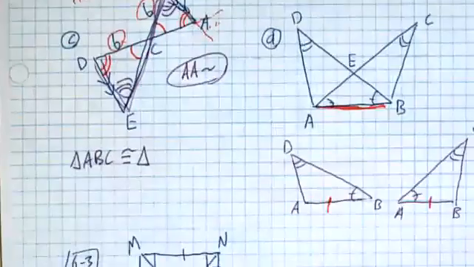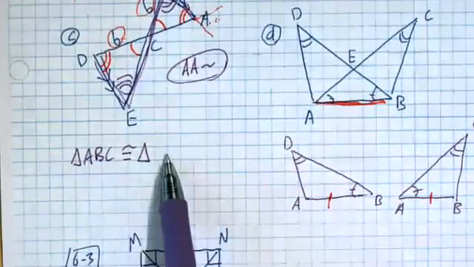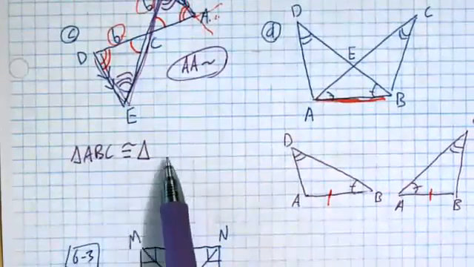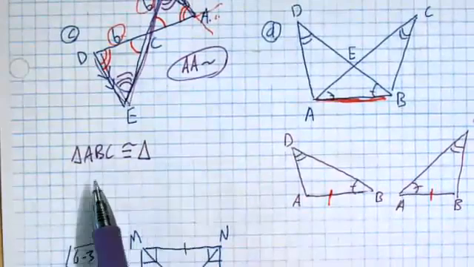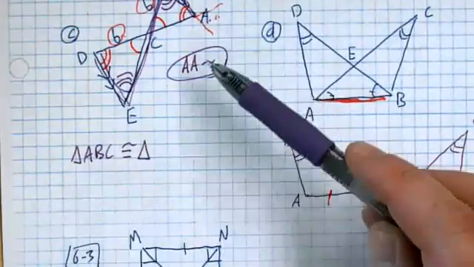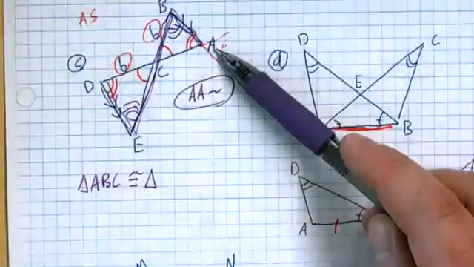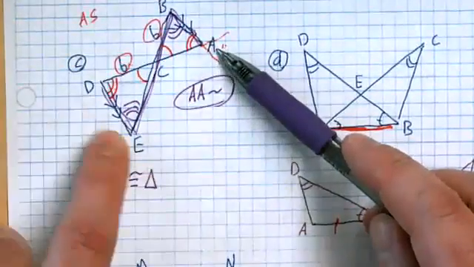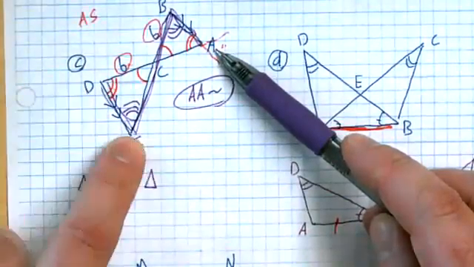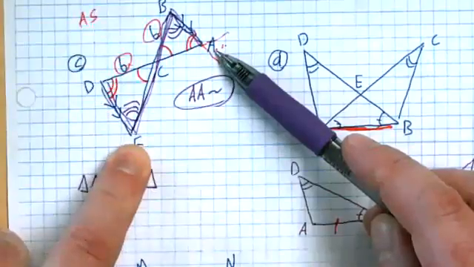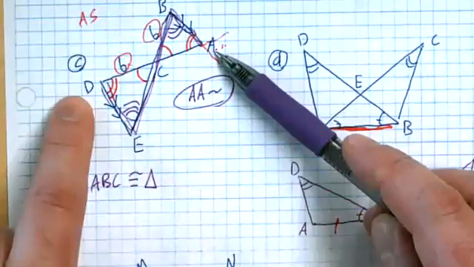And then could I get you guys to fill this out? Be careful here. It's really easy to get these flipped around. When you're looking at your picture, which vertex over here matches up with A? Is it the E or the D?